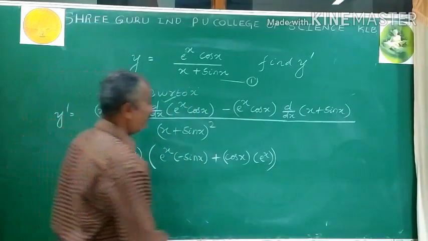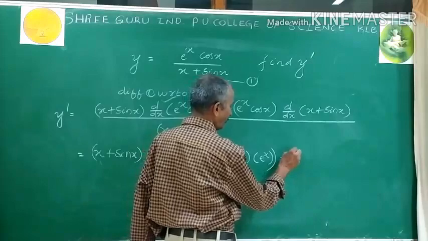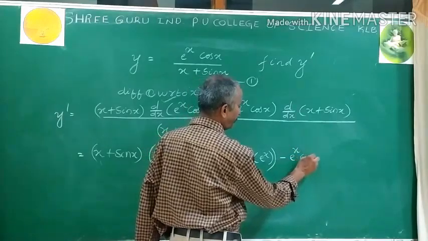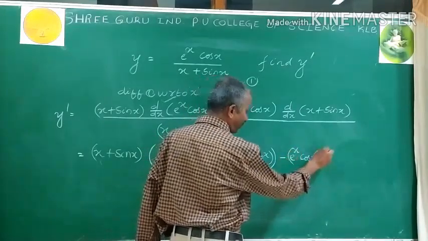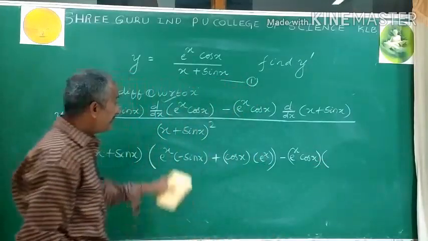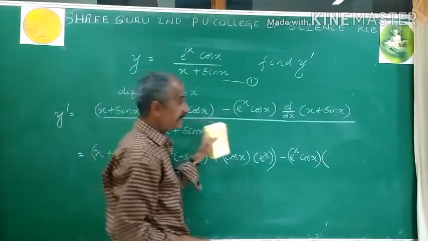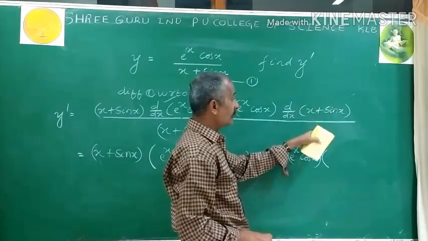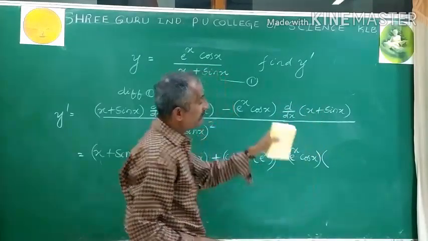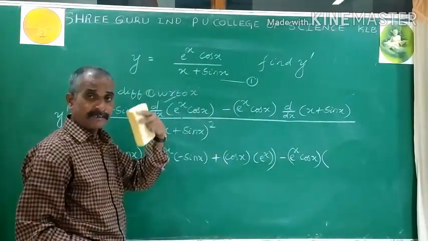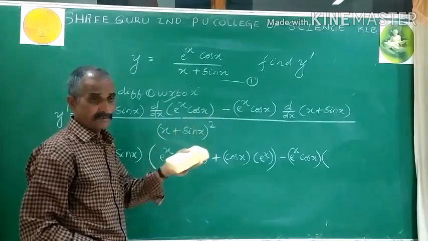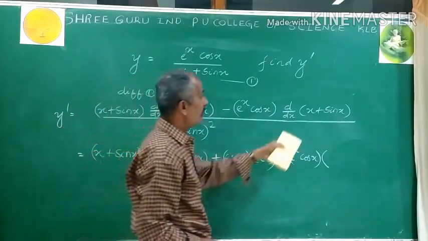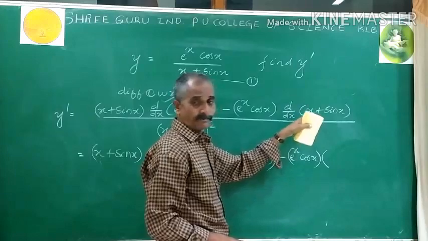Minus e power x cos x into bracket. Here, some of you may wonder why we are not applying the product rule. You can't apply the product rule because those two functions are connected by plus, I mean a sum. That's why we need to apply the sum rule here but not the product rule.